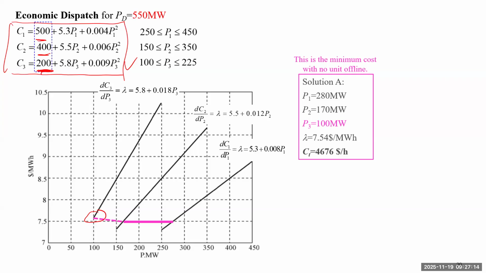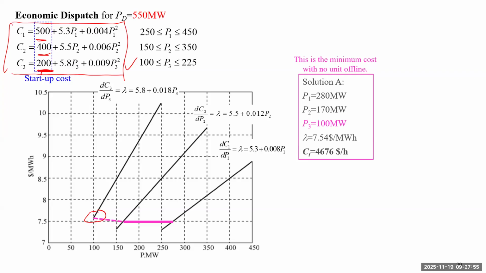The constant number really means the startup cost. So even if the generator output is 0, that unit still costs this amount of money, right? Because you assume even if P is 0, the unit is still running. It just doesn't generate any power. It may only generate slight power to balance the local very small electricity use, but it doesn't inject any energy to the grid.